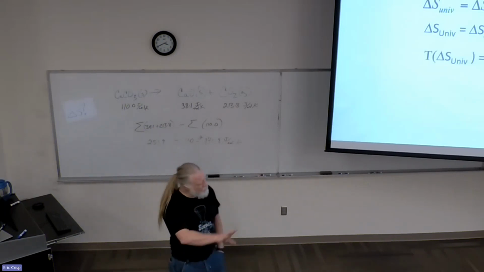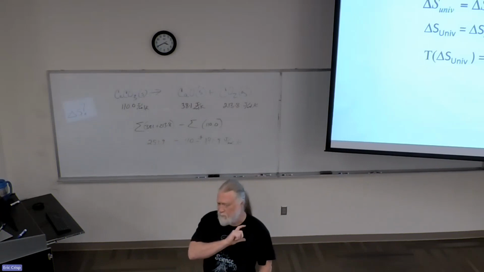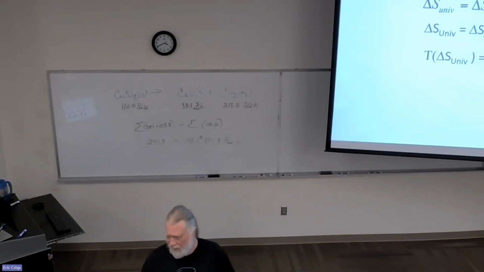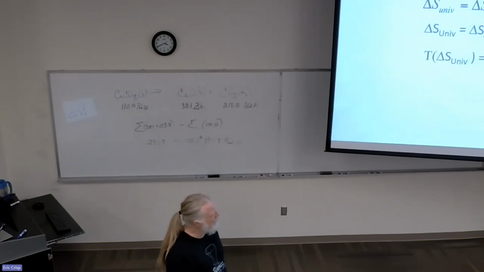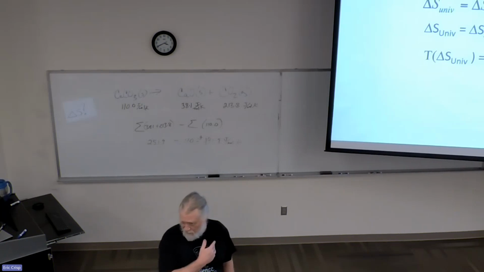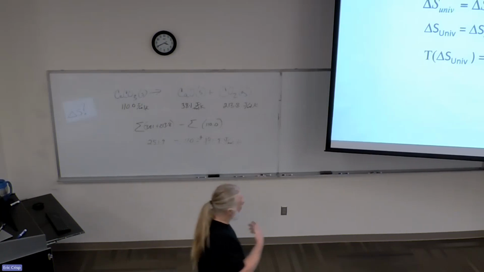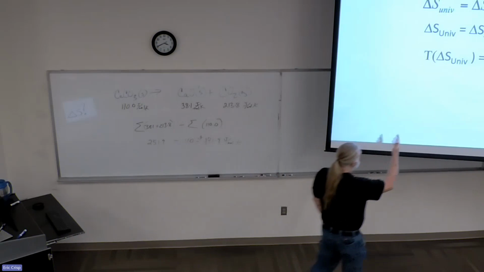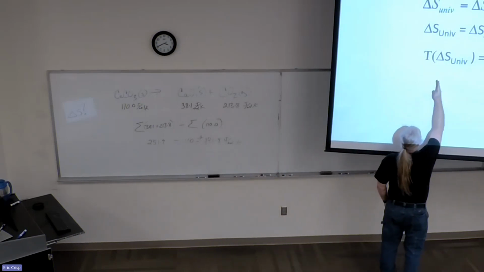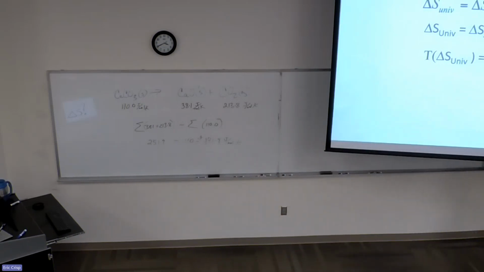I'm going to multiply everything by T, so I multiply through by T on both sides. It cancels out the T on the third term, the delta H divided by T. It's now just delta H because I multiplied everything by T. But now I've got temperature times the delta S of the universe is equal to temperature times the delta S of the system minus the delta H of the system.